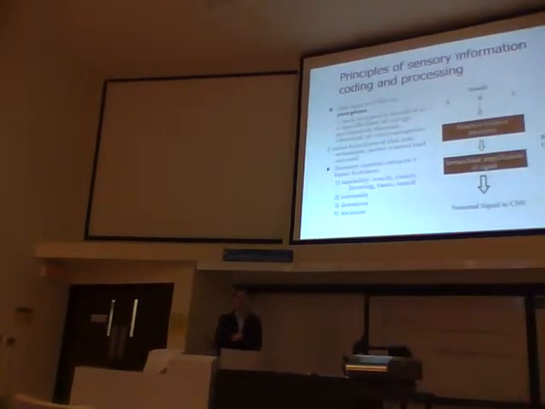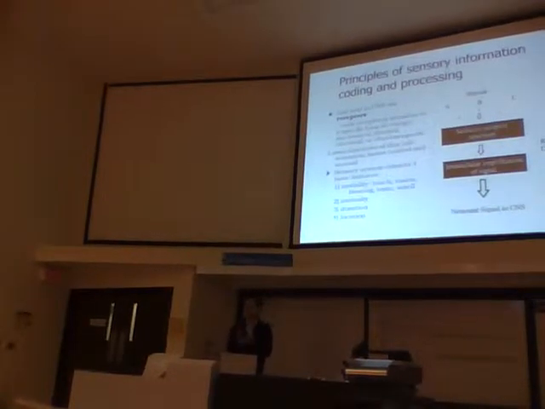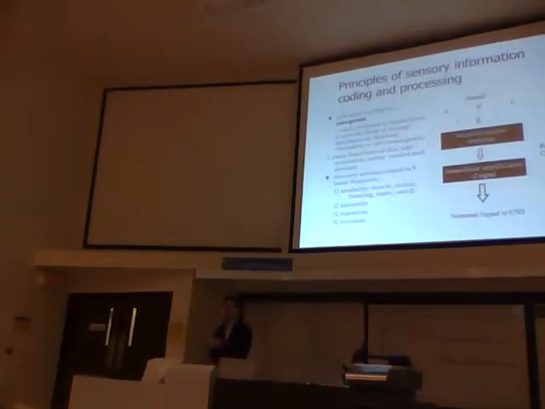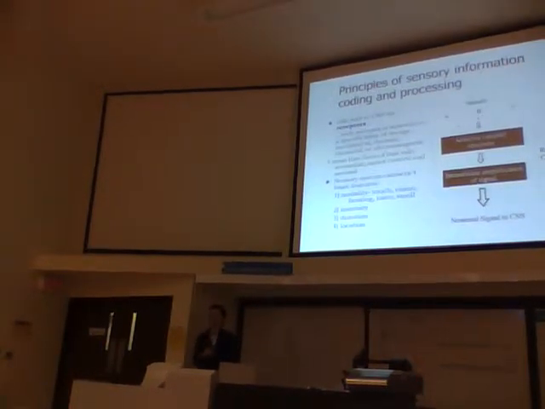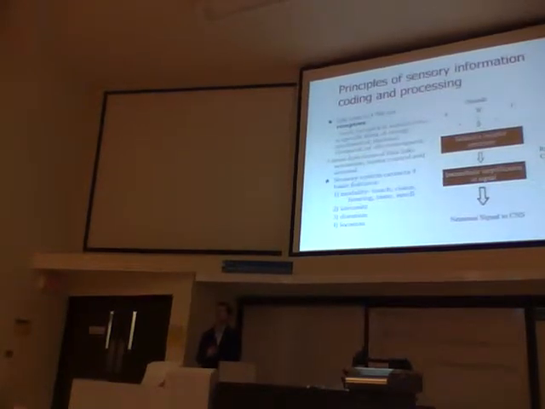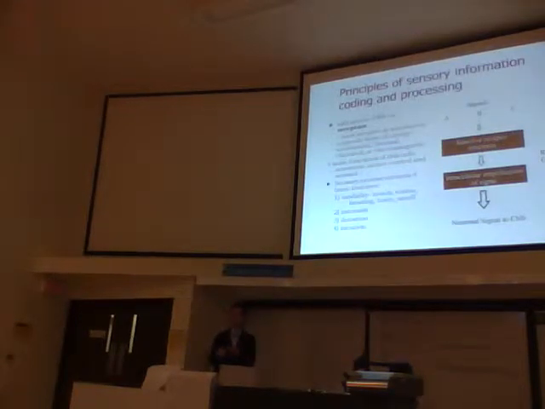Now, the brain is capable of figuring out four fundamental types of information about a stimulus. The first is, of course, what type of stimulus. The original modality shown here: touch, vision, hearing, taste, and smell.